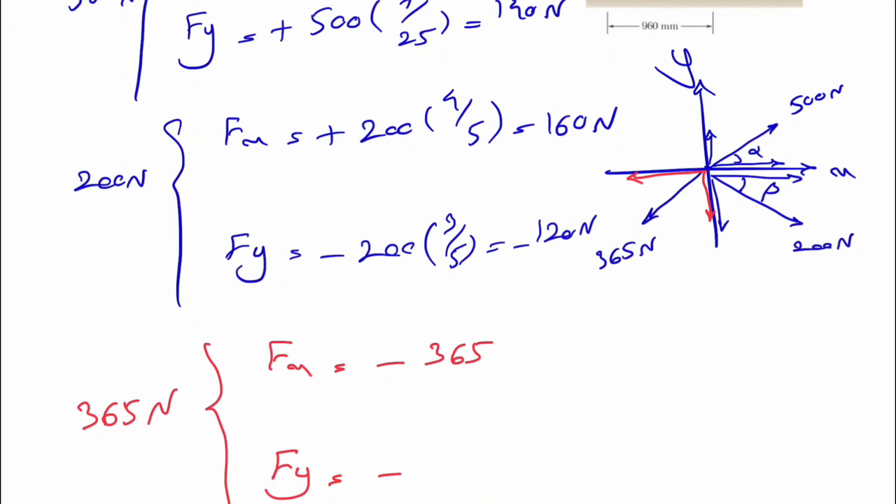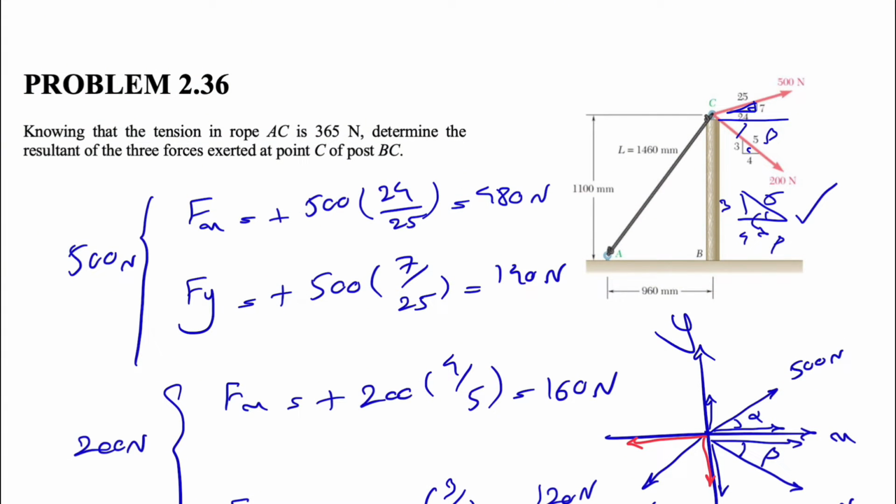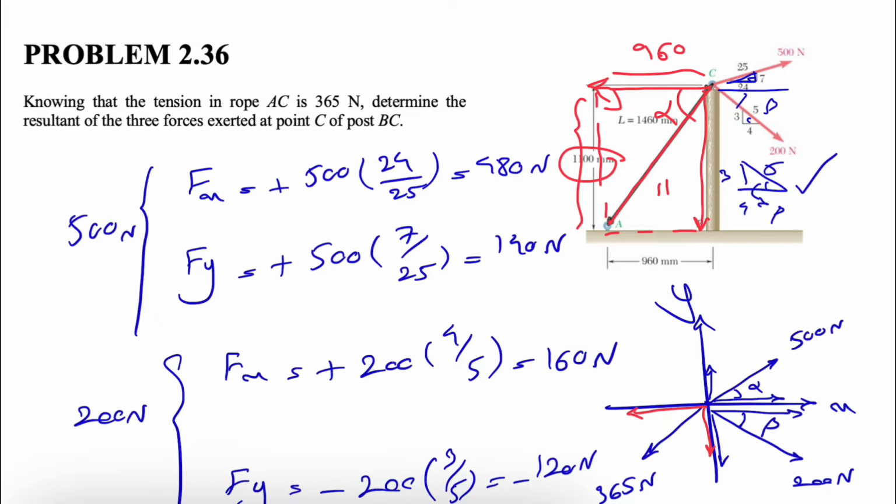We have all the dimensions in the question, and we are looking for this angle in here. We have the length of the rope here, which is the hypotenuse. We know this side is 1100, this side is 960, and the hypotenuse is 1460.